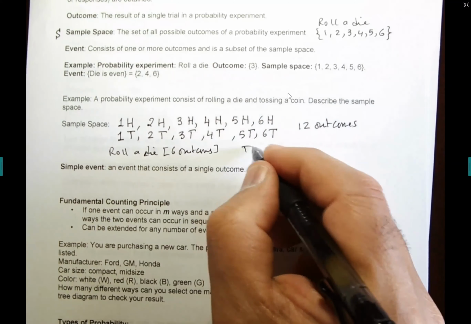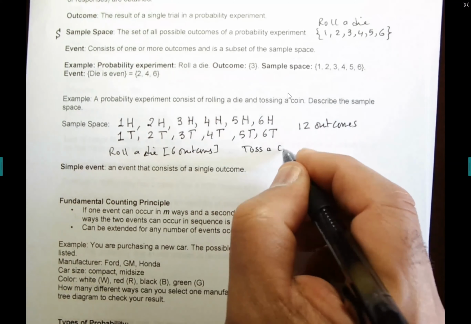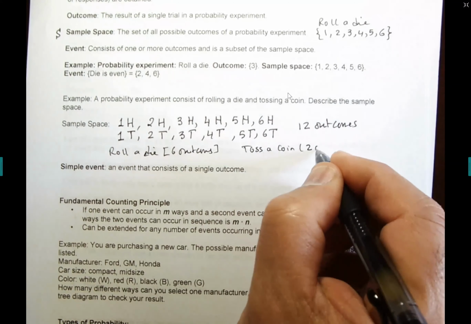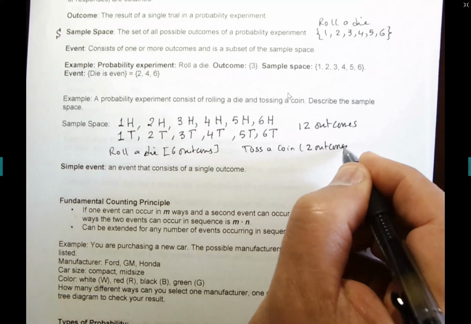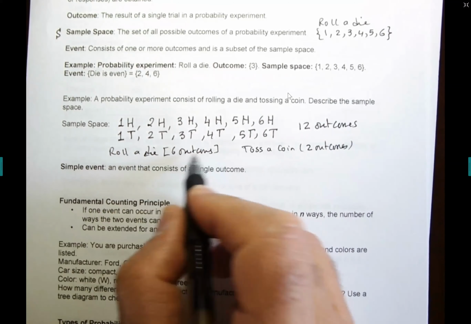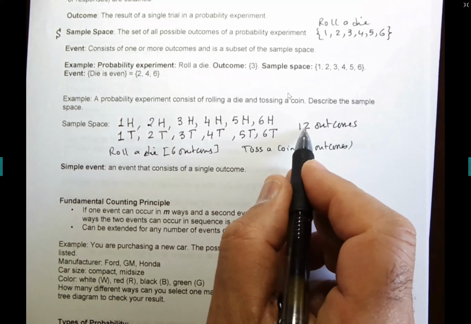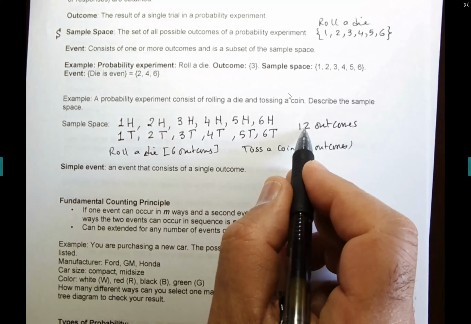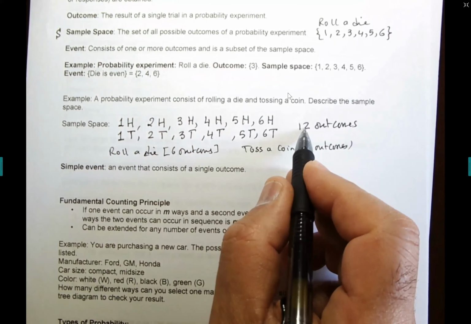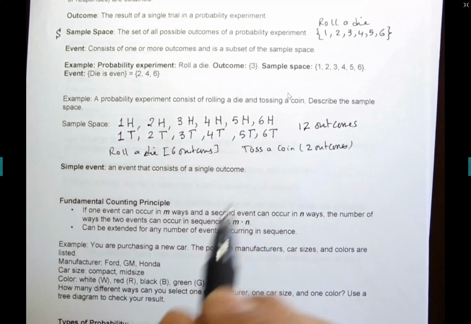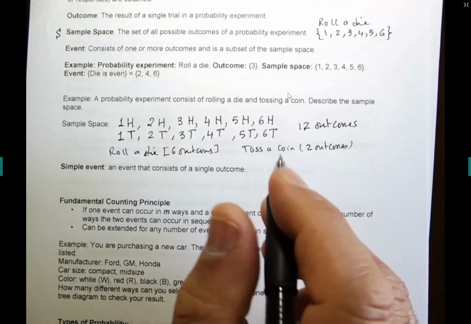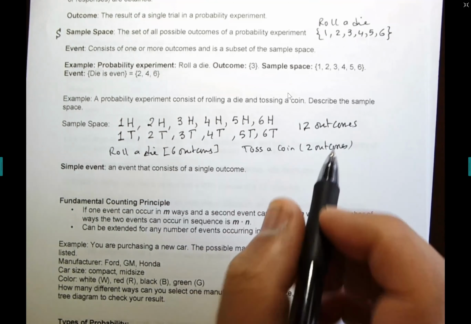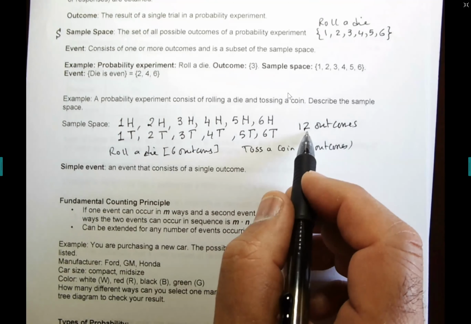If you toss a coin, you have 2. You notice if you multiply 6 by 2, you get 12, and that's what we got. So that's how you can figure out how many you have to list. So rolling a die and tossing a coin, the number of outcomes is 12.